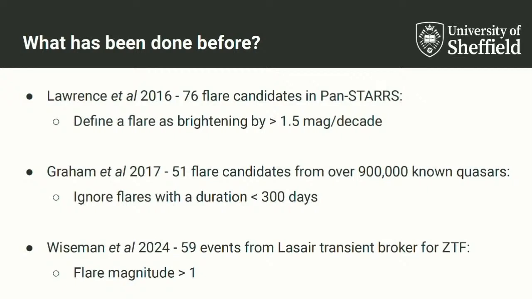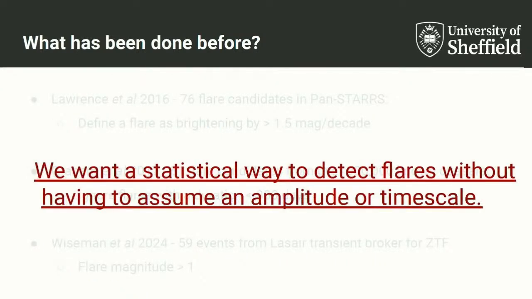And the second study is selecting based on a timescale cut. And whilst, of course, there's justification in each case for doing so, it would be nice if we could remove these biases from selection. And so I want to motivate a statistical method for detecting these things, one where you don't have to assume a timescale or an amplitude, or indeed anything about the flares that you intend to detect.